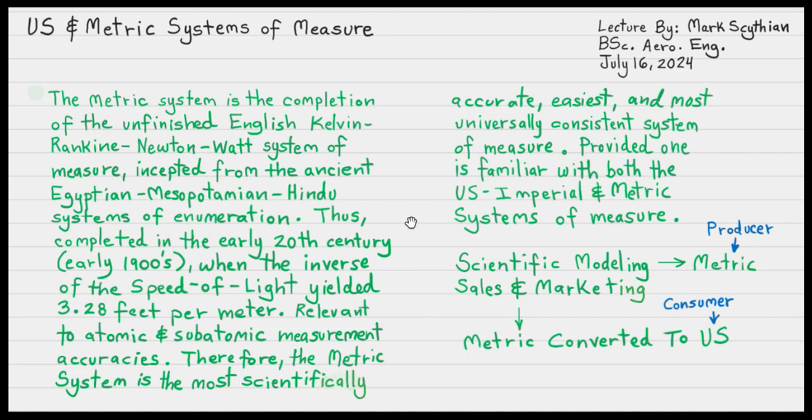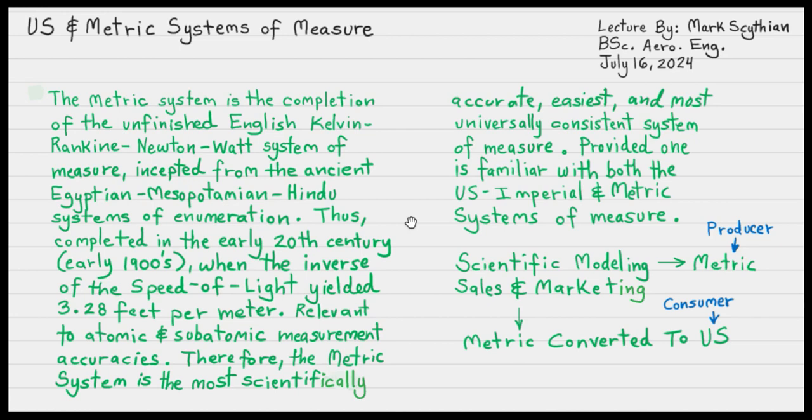Therefore, the metric system is the most scientifically accurate, easiest, and most universally consistent system of measure, provided one is familiar with both the US imperial and metric systems of measure.